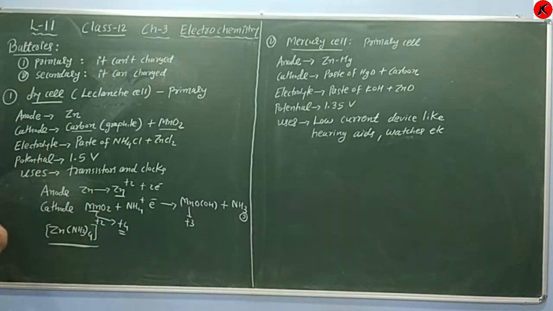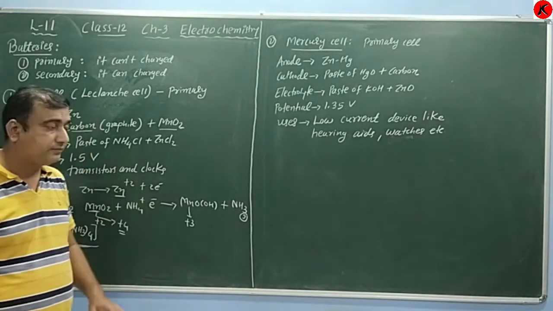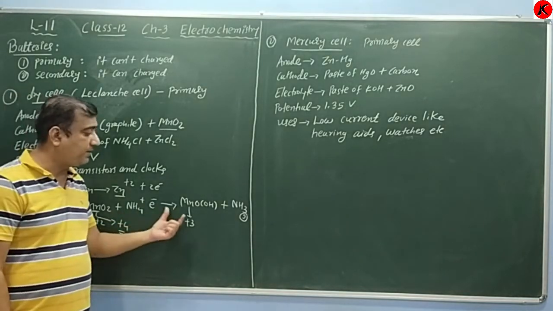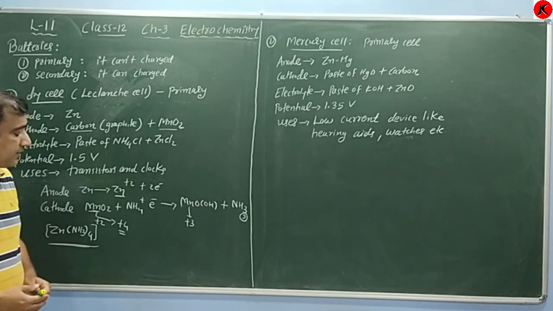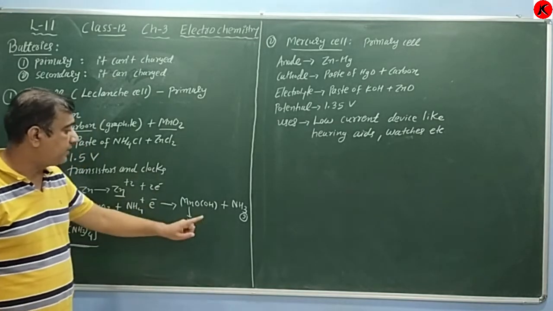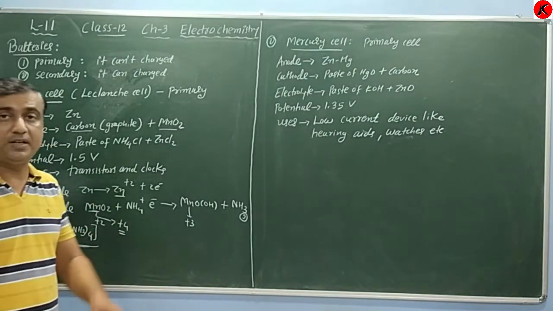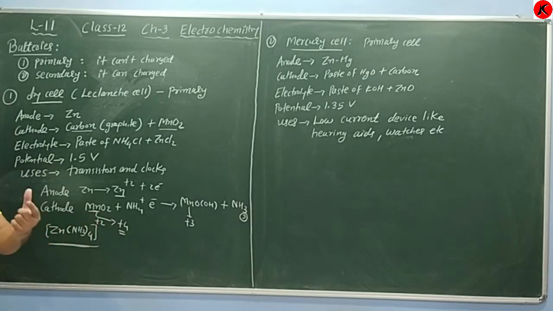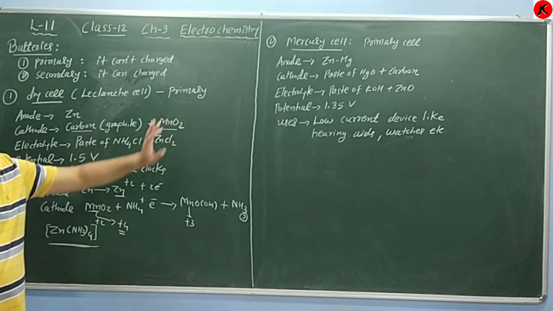So during this reaction, manganese is reduced from the plus 4 oxidation state to plus 3. This reaction cannot be reversed. By applying an external voltage, oxidation of Mn from plus 3 to plus 4 is not possible. Therefore, this cell cannot be charged. Therefore, it is a primary cell.